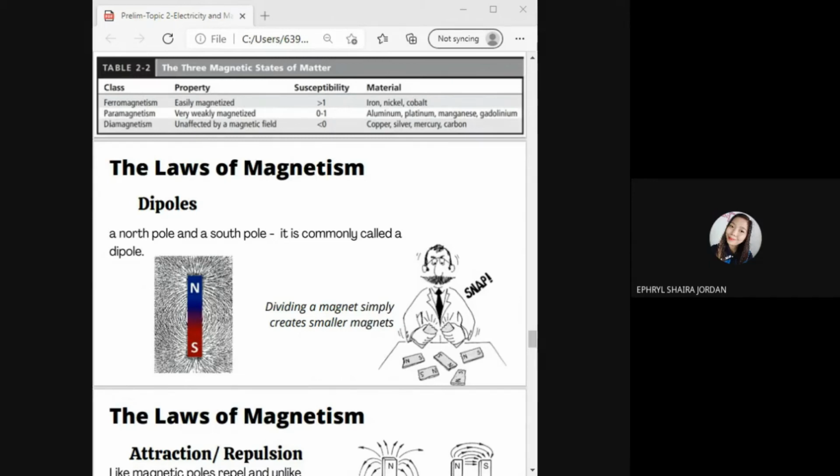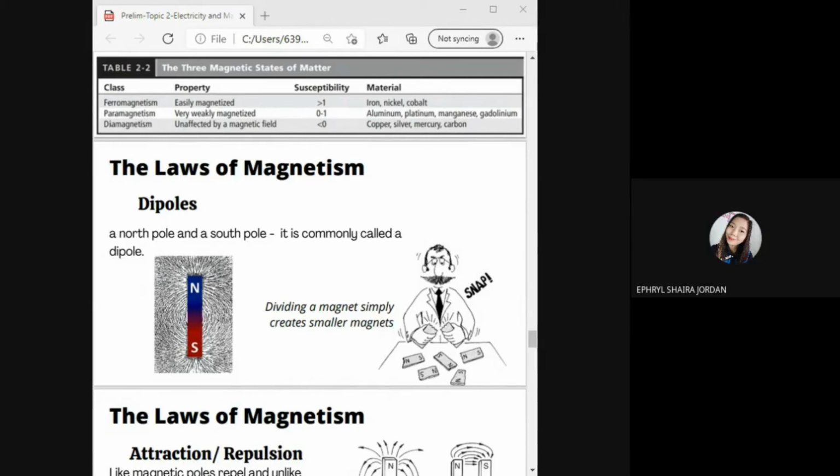But in the case of magnetism, there is no such thing. There is no smallest unit of magnetism. And each magnetic domain exists with two poles. So each magnet consists of two poles. That's why it's called dipole, kasi di means two. So it is the North Pole and the South Pole.